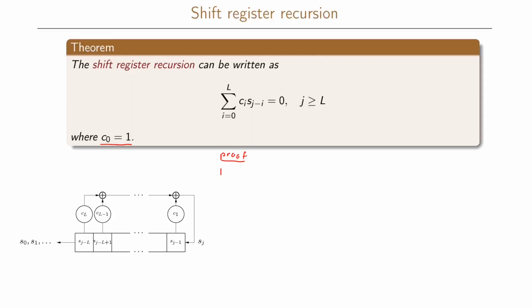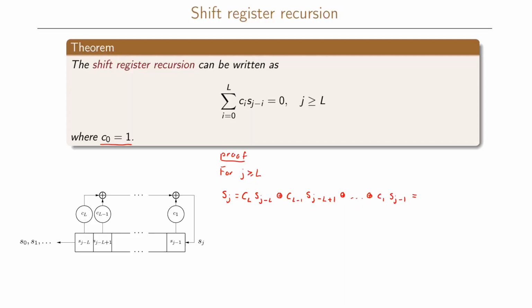For all j larger than or equal to L, the bit S j that is computed is written as CL times S j minus L, plus C L minus 1 times S j minus L plus 1, plus, and we continue all the way to C1 times S j minus 1.